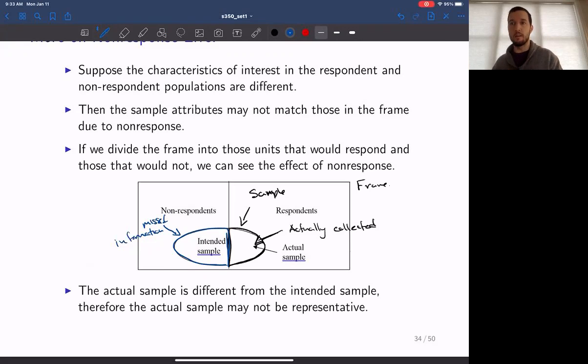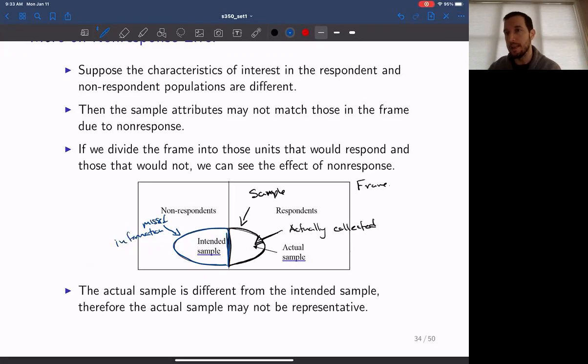Or it can occur because of non-response, where let's say this frame was properly covering the target population. So this particular frame sat inside the target population. Then the frame gets divided into those who respond and do not respond by nature of non-response.